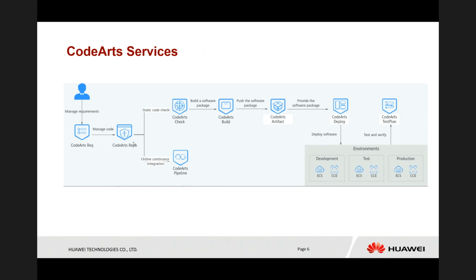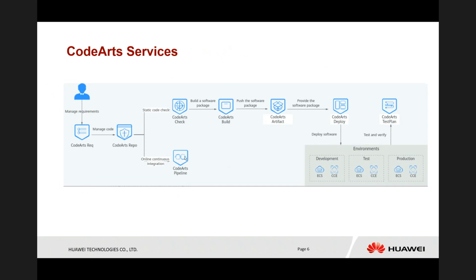For CodeArts Repo, this is where you store your code. CodeArts Check is where you do the quality checking. With Build, you build your code image. Artifacts is the storage for the images. And then CodeArts Deploy is where you automate the deployment.